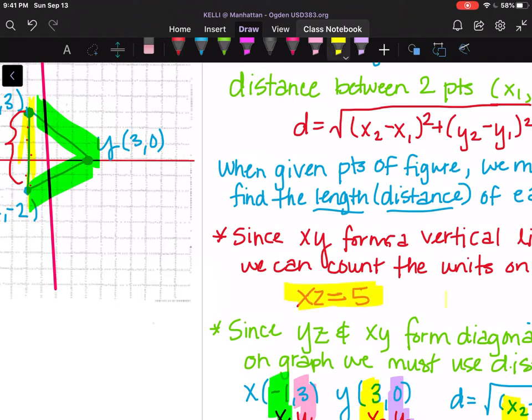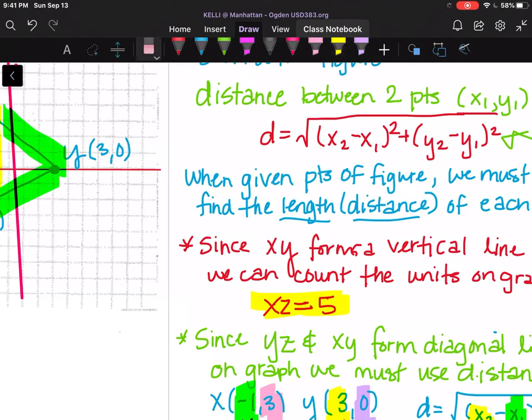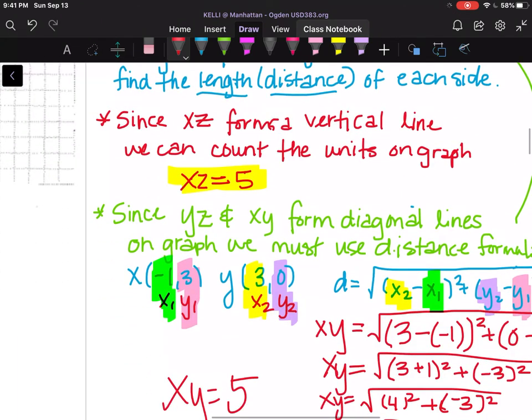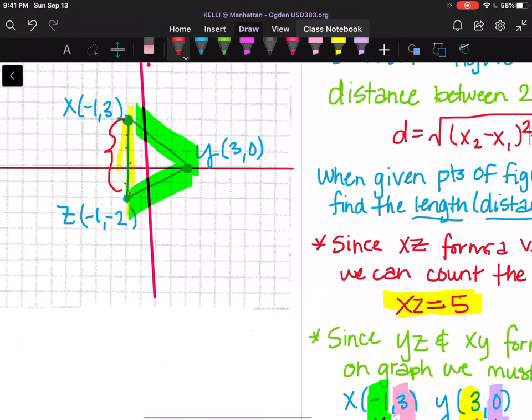That's the one that we counted, not xy. So let me erase this. Oops. Wrong pen. Okay. So, we got two things that just kind of ended up that way, but this is also 5.